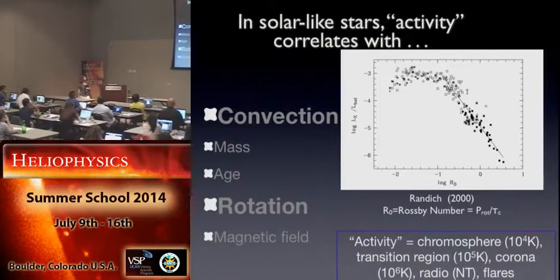Okay, so in this reference, when I say solar-like stars, I'm talking about stars on the main sequence, for which I showed you previously this onion skin diagram of the sun. And we talked about how higher mass stars on the main sequence have thinner convection zones.